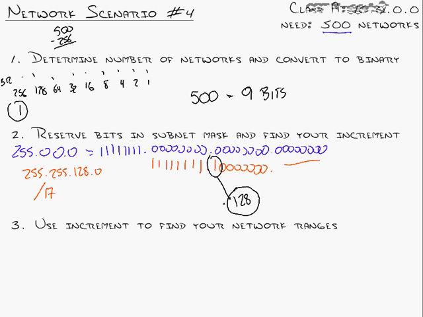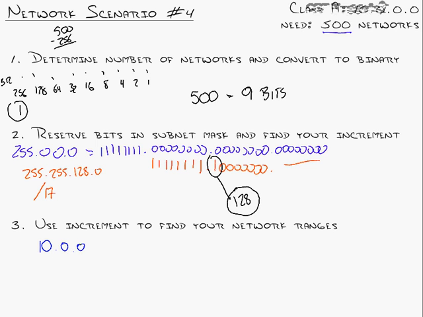This is where it's going to take a slightly different look, but like I'm doing, I'm adding more pieces on every single one of these problems. This is the last piece I need to add. So we have the increment to find our network ranges. We started with 10.0.0.0. Hang on. Let me get a different color here. I know. Colors don't matter, but to me they do. They stand out better.